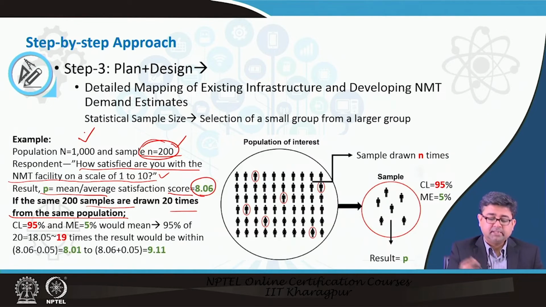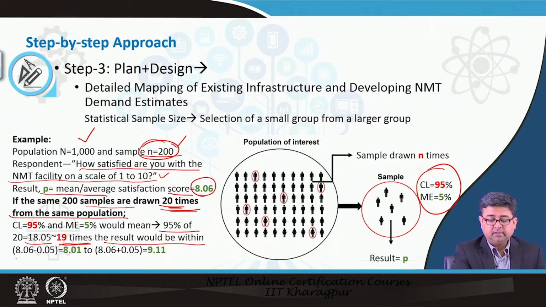maybe they are different, maybe they are same, but they are drawn 20 times, then what this 95% and 5% says is that 95% of 20, which is 18.05 or say approximately 19 times. So, out of 20 times, 19 times the result would be within plus or minus 5% of your mean value.